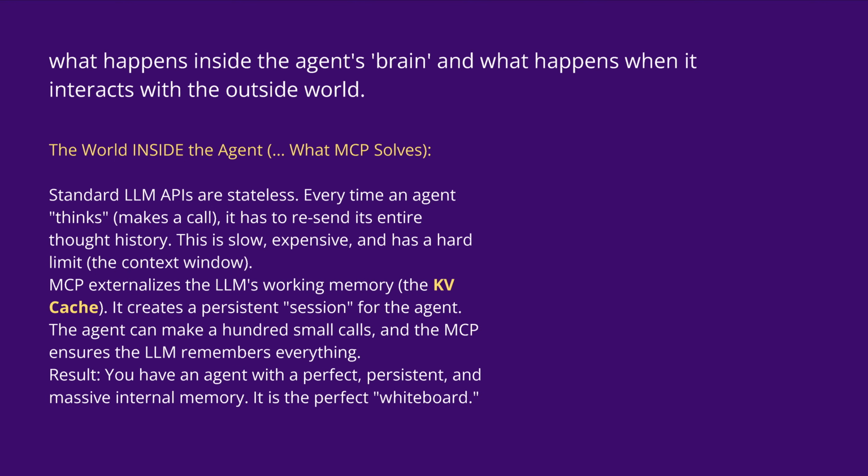Slow, expensive, context window. You know all of this. Now, MCP externalizes the LLM's working memory with a key-value cache. This is where you really have a persistent session of the agent, hundreds of small calls, you get the idea. So you have an agent with a perfect, persistent and massive internal memory, the history. Let's call it the whiteboard.